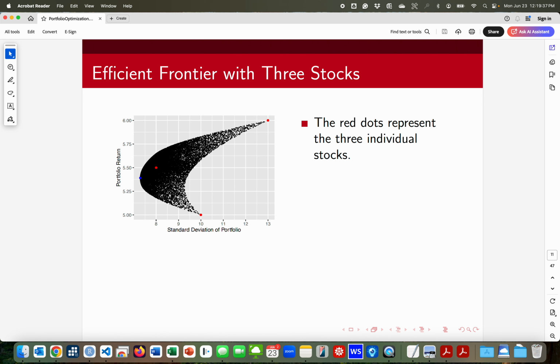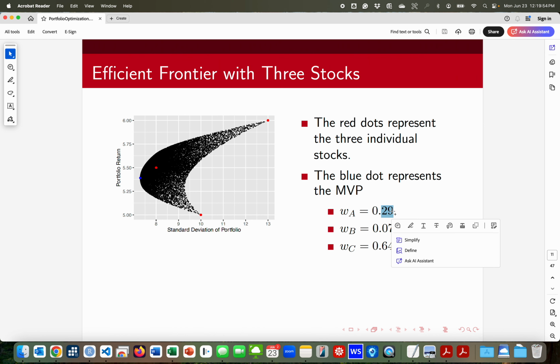The black dots represent the combinations of those three stocks. And then that blue dot represents the minimum variance portfolio. So if our objective is to choose stock A, B, and C to minimize the standard deviation of a portfolio, we put 29% in stock A, 7% in stock B, and 64% in stock C.